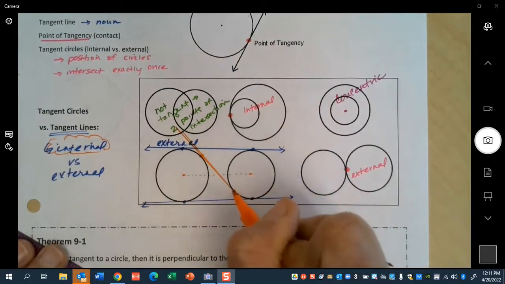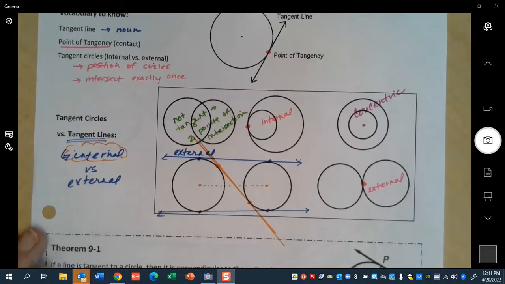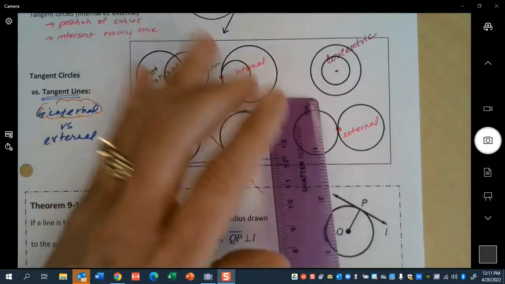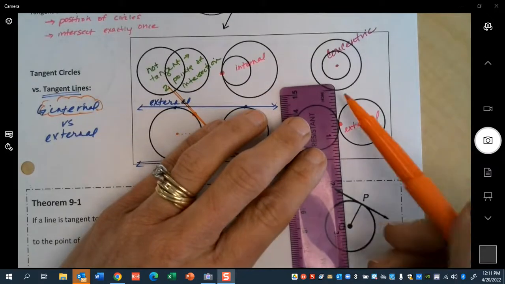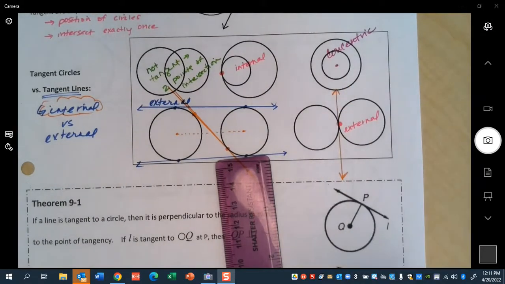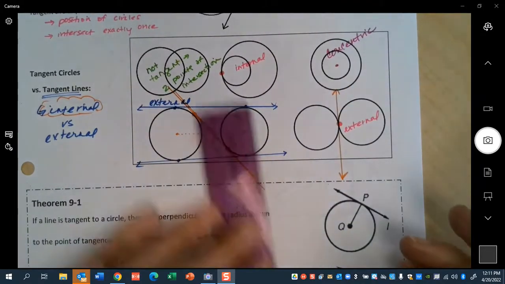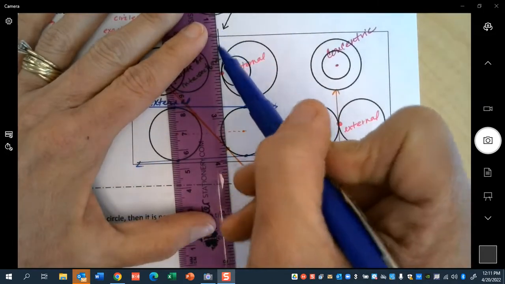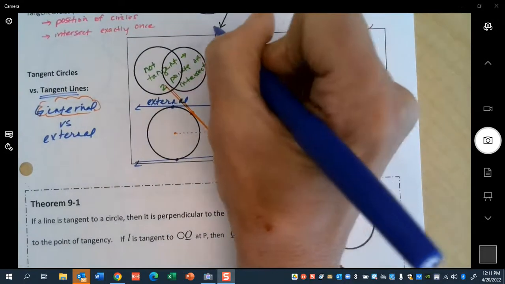If I have a tangent line that crosses an imaginary line connecting these circle centers, then that is what we call an internal tangent line. God bless you. So for these tangent circles, I can draw an internal tangent line. For these internally tangent circles, I can draw an external tangent line.